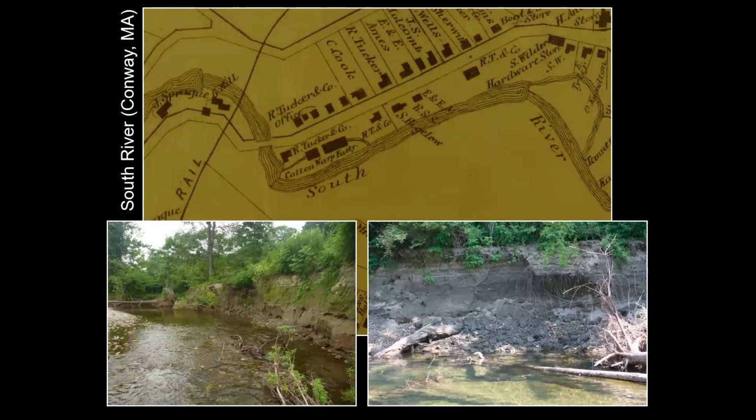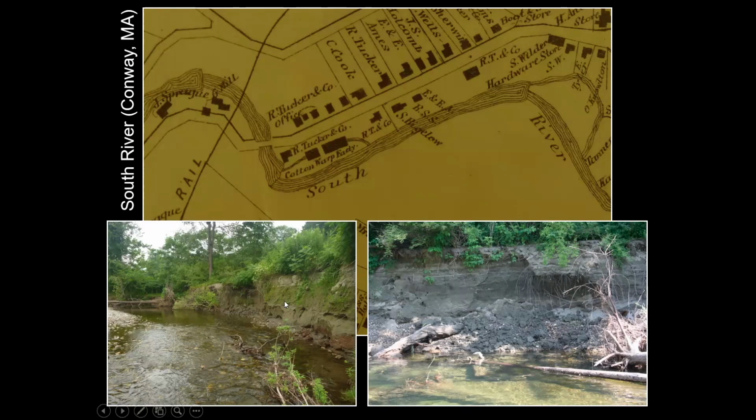We have similar things going on in Massachusetts. South River in Conway, Massachusetts. There were many dams in Conway back in the day. The only evidence that remains of some of these dams is the old map we found in the Historical Society. And also there's evidence in the form of impoundment sediments which are eroding behind those old dams.